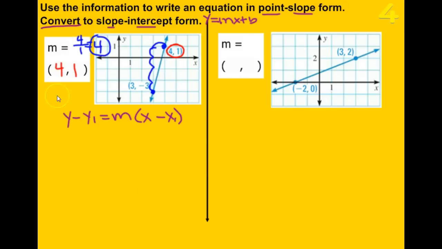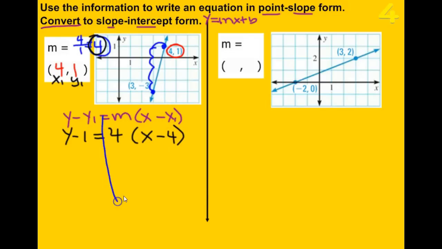So let's plug in what we know. This is x1 and y1. So we have y minus y1, which is just 1, equal to our slope, which is right here, 4, and then x minus x1, which is also 4.